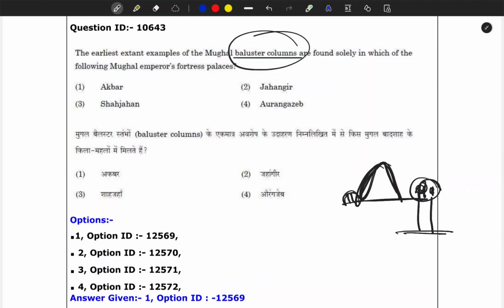So actually the problem here was that I was not sure who actually used it for the first time, or the earliest extant. I knew what it is, but I didn't know who actually used this. So the correct answer here is Shah Jahan, but I was also not sure. For me, it is a difficult question or moderate question, okay.